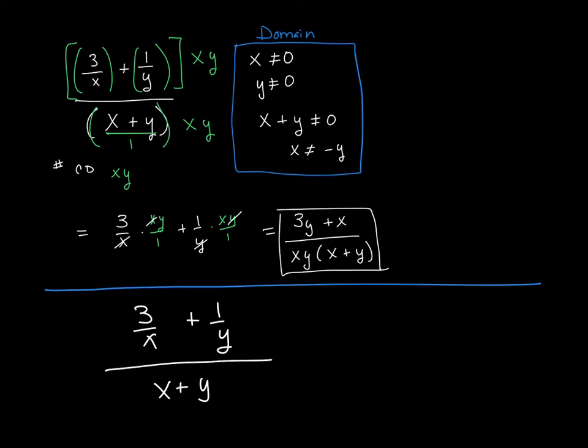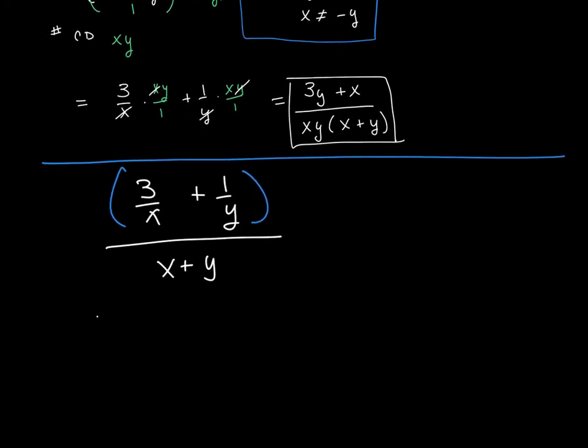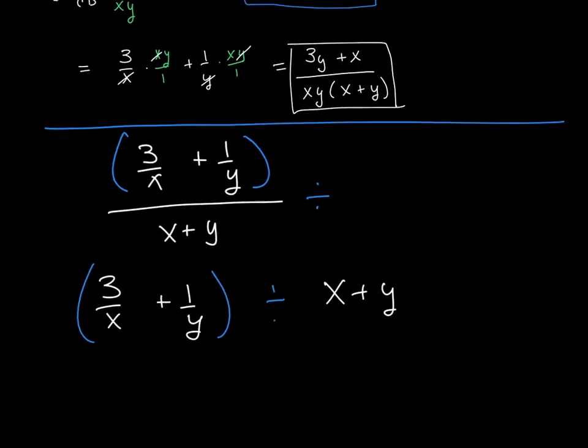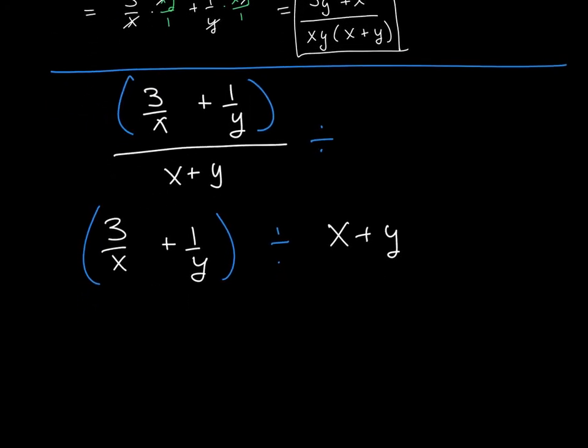So to rewrite that, I take my numerator, which is 3 over x plus 1 over y, and I am dividing that, so I need to keep that in parentheses, I am dividing that by x plus y. Now, I keep the first term the same and leave that as 3 over x plus 1 over y. The division sign turns into a multiplication sign, and that becomes 1 over x plus y.